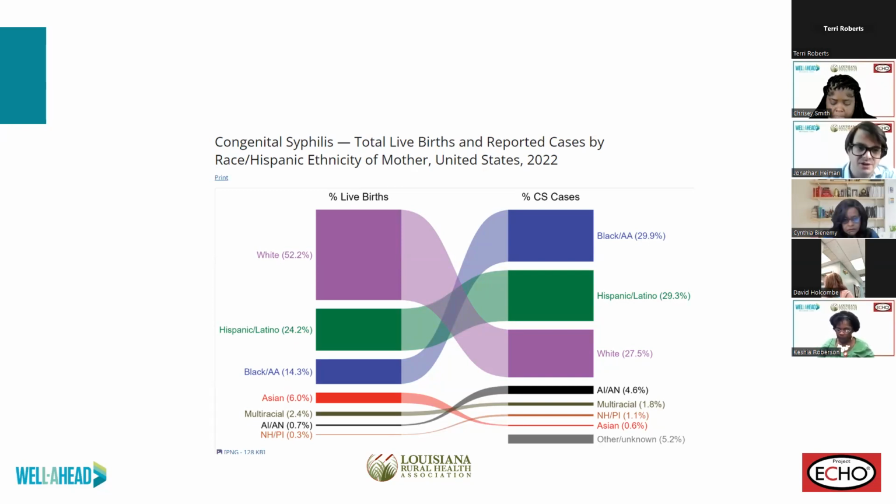And so we can see here that white mothers made up over 50% of the population of women who gave birth that year, yet contributed only about 27% of congenital syphilis cases. Conversely, we see that Black and African American women make up about 14% of this population, yet they had almost 30% of the congenital syphilis cases. So that really makes that information hit you in the face. Next slide, please.